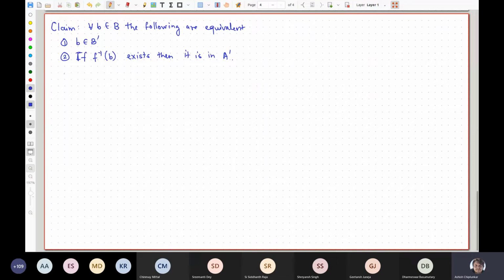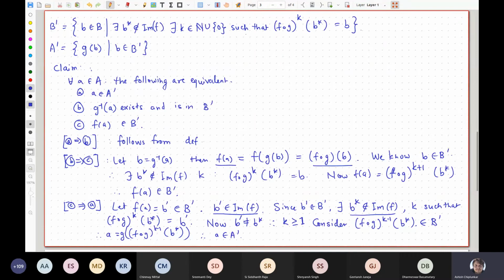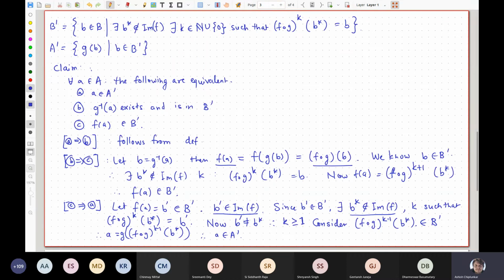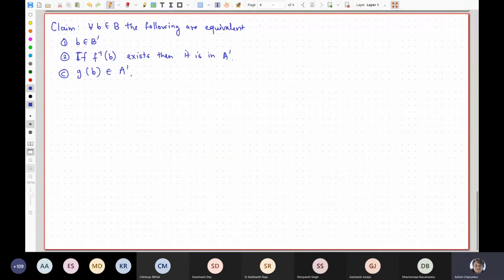Okay, and C, right? So correspondingly, F of A is in B prime. So here I'll say that G of B is in A prime. Right, so the proof is more or less going to follow the same path. Okay, so should I leave it to you?